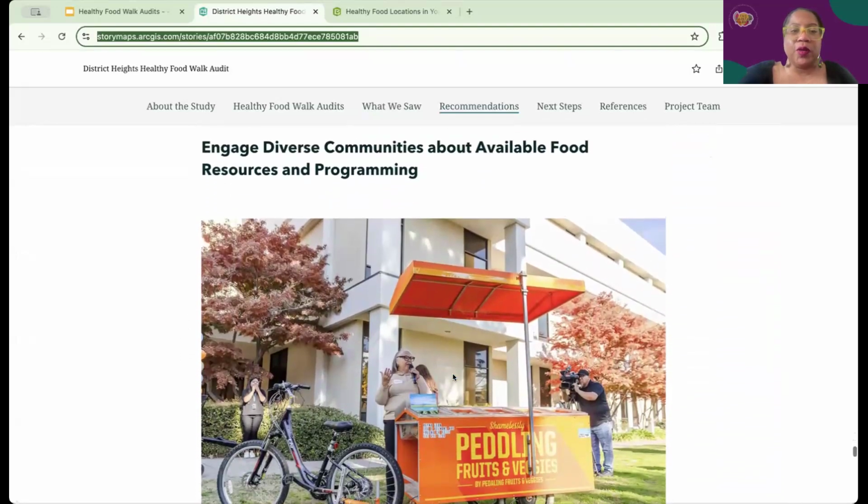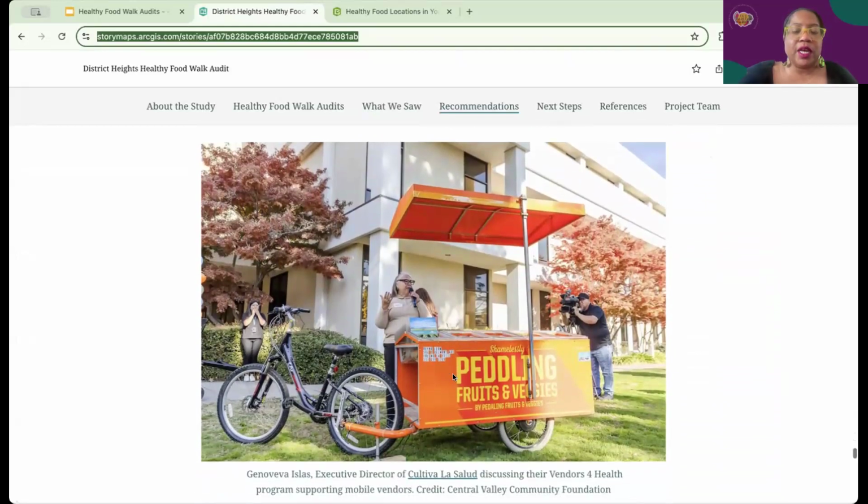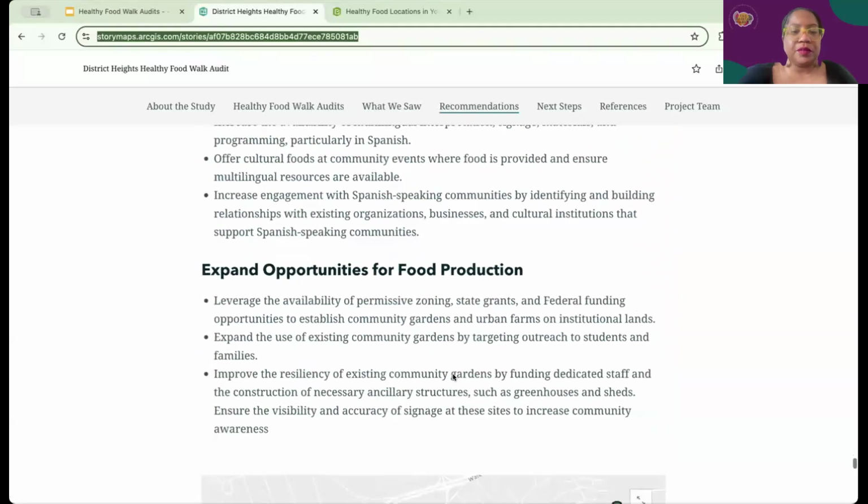And then we included a few case study examples about other practices that we see across the country. This is an example of Peddling Fruits and Vegetables, which is a program that happens out in the Central Valley community in California.